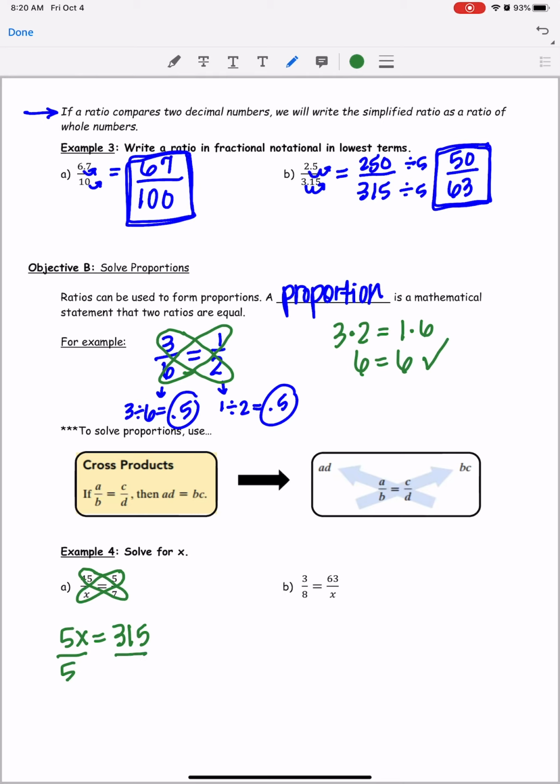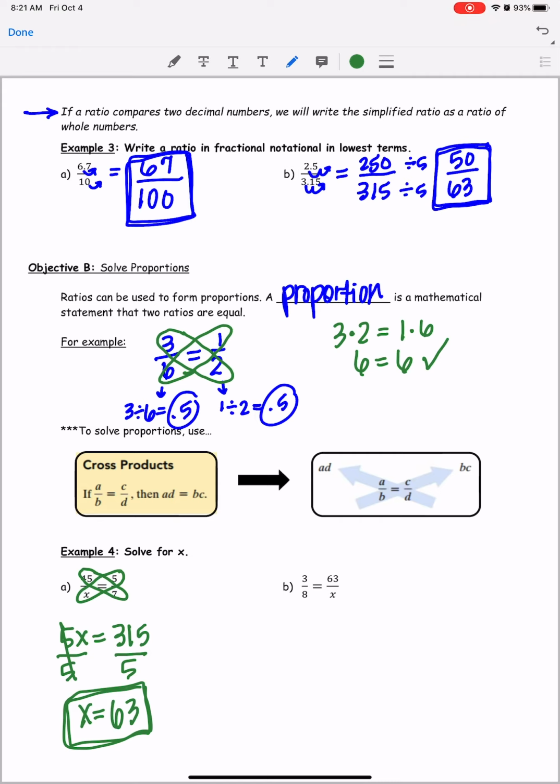So divide by 5, and this equals 63. Okay. Biggest mistake I see with these is when you cross multiply, you've got to make sure you set these equal to each other. A lot of times you guys will do something crazy like 5x over 315. Okay, it doesn't become a fraction, it becomes an equation.